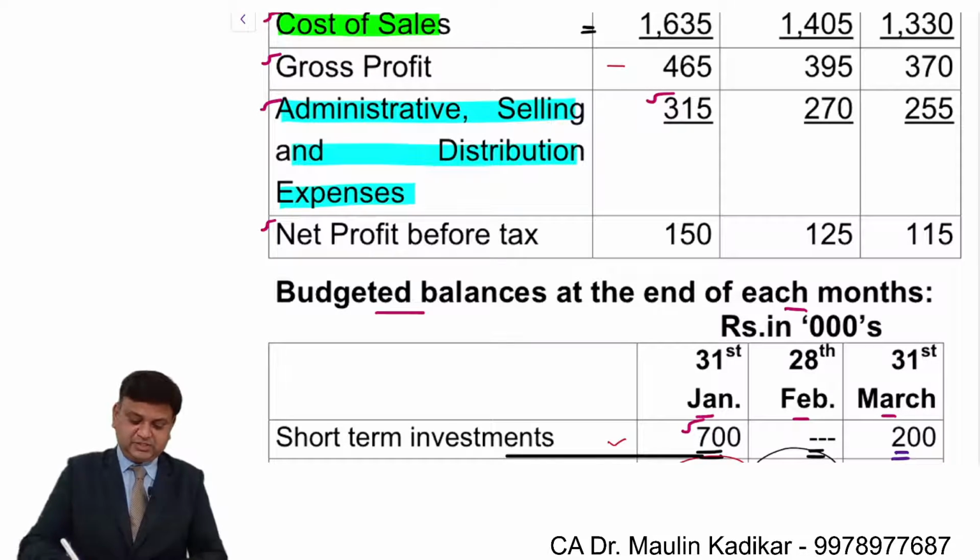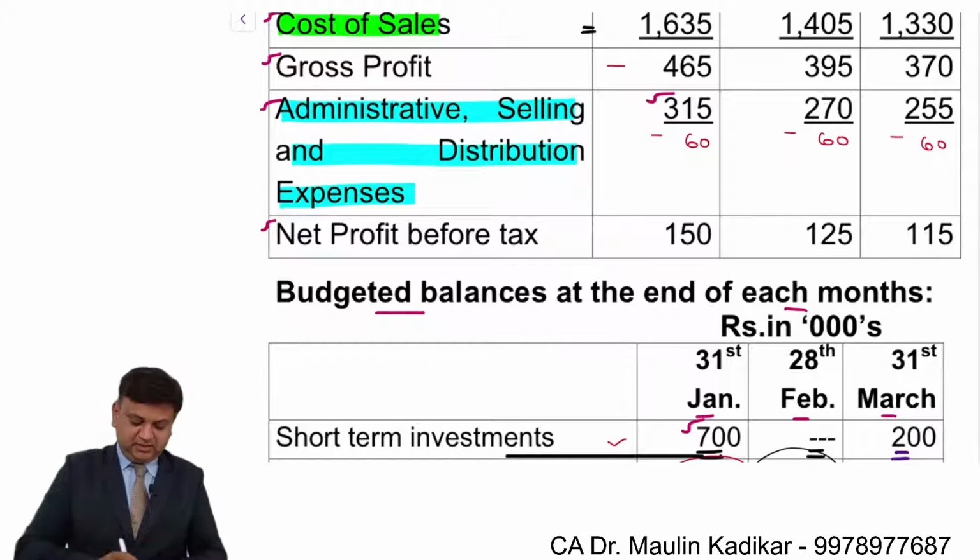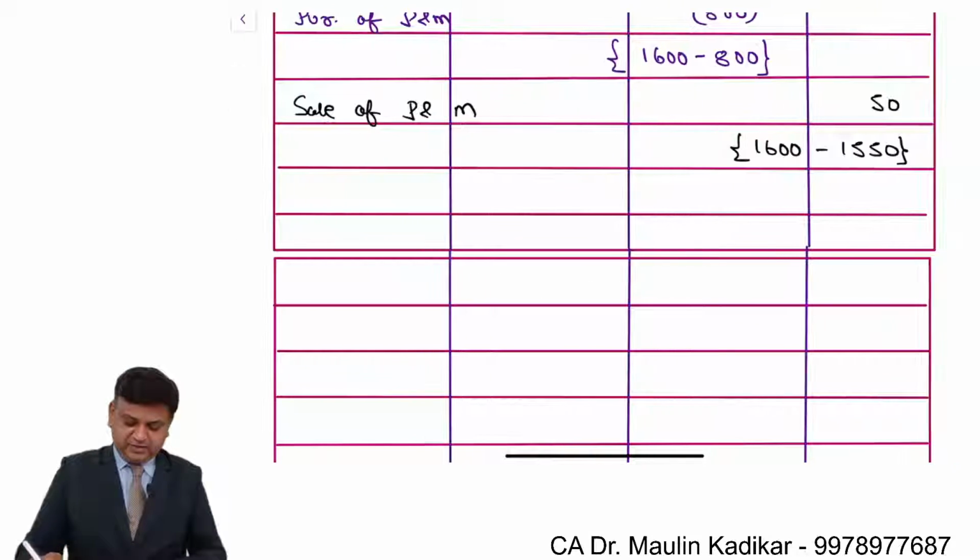So 3,15,000 minus 60,000, 2,70,000 minus 60,000, 2,55,000 minus 60,000. That is the way we are required to show the payment of expenses.